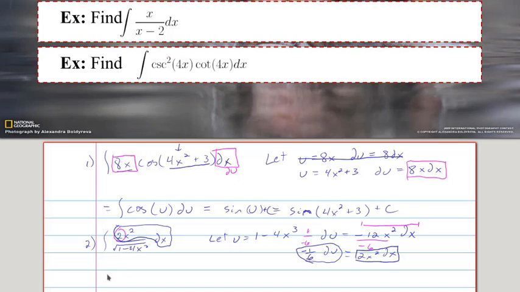So what this looks like now is we're going to integrate 1 over square root of u times negative 1/6 du. And of course pull the negative 1/6 out, and this is really just negative 1/6 when we're integrating u to the negative 1/2 du.